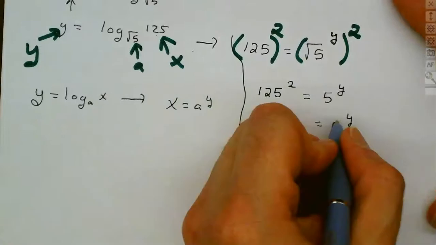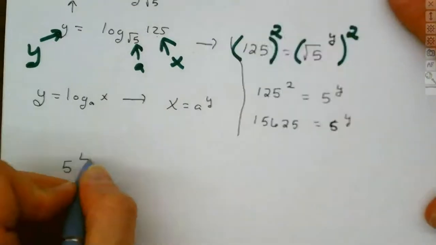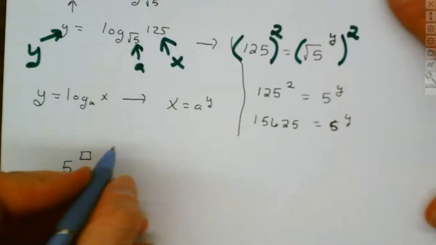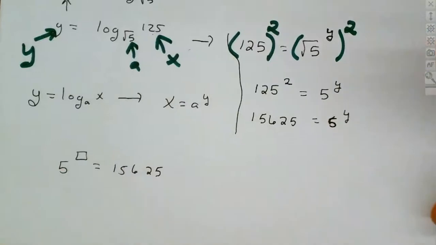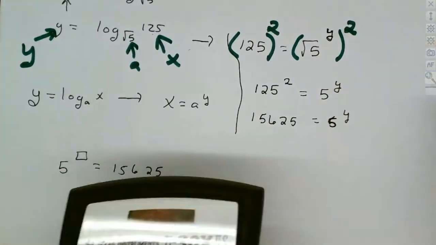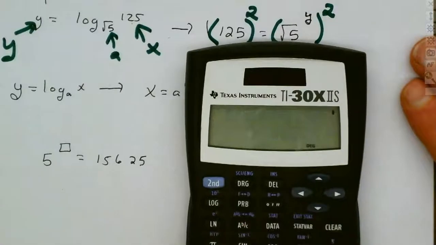So, 5 raised to what power gives you that 15,625? That's going to be our y there. So what are we going to do? We take 5 squared.